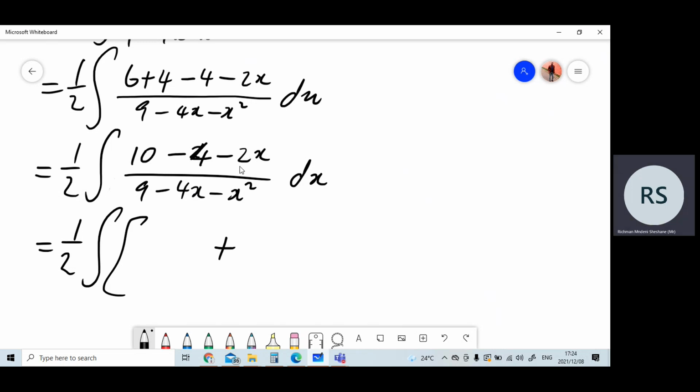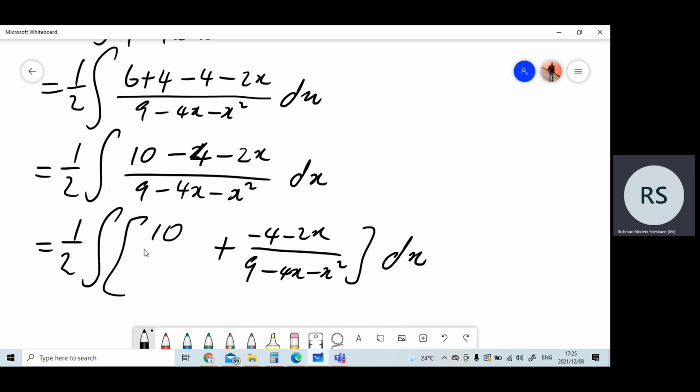You're just dividing the derivative with the denominator: minus 4 minus 4x divided by 9 minus 4x minus x squared dx. And another term which is not a part of the derivative is also going to be divided by the denominator. Okay, that's how I split it.